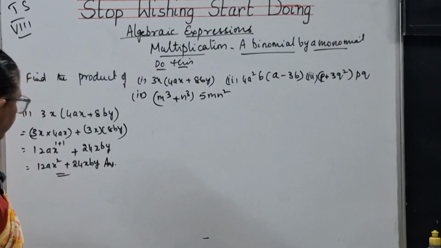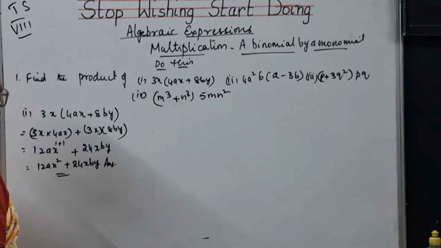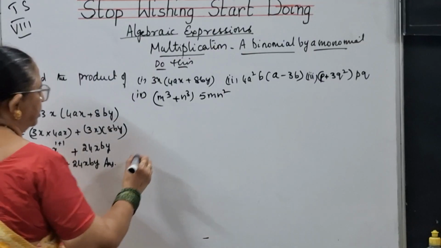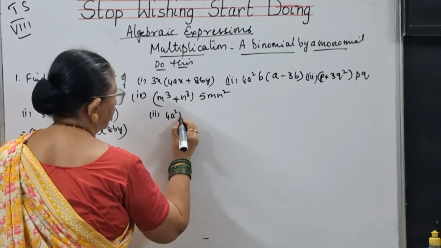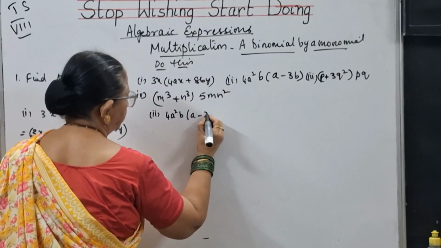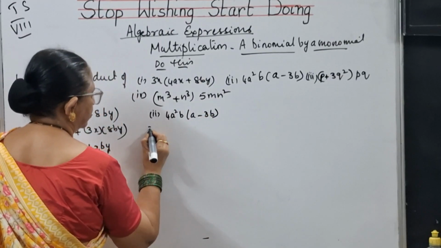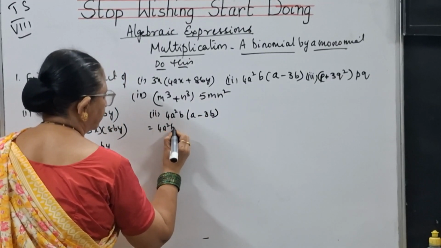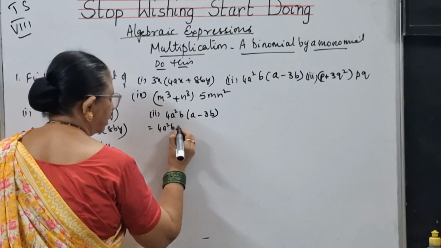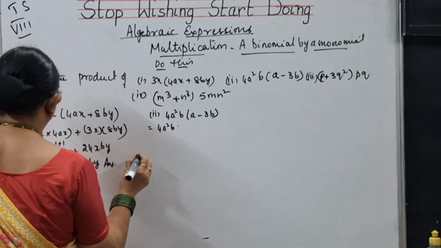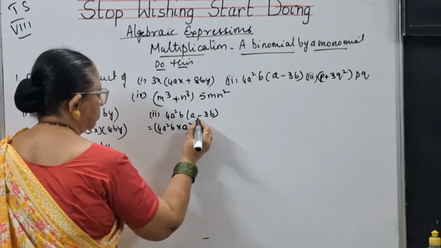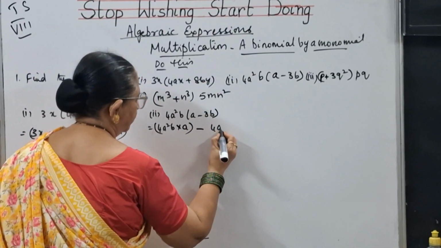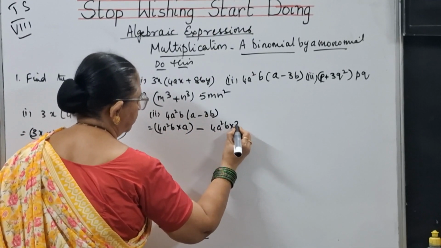Now let us go to the second bit. I will do the second bit here: 4a square b into a minus 3b. This is 4a square b into a minus 4a square b into 3b.